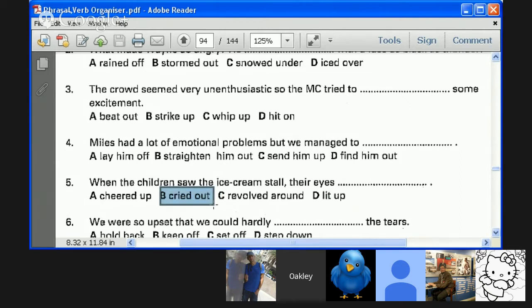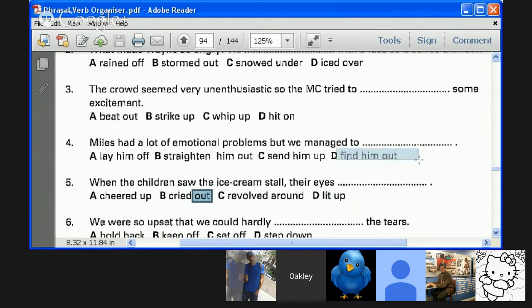Not to cry like weeping tears, but to cry, shout. So if you cry out, you cry loudly, publicly. Out, just like up can mean completely. Doesn't always mean that, it just often does. Out often means publicly.